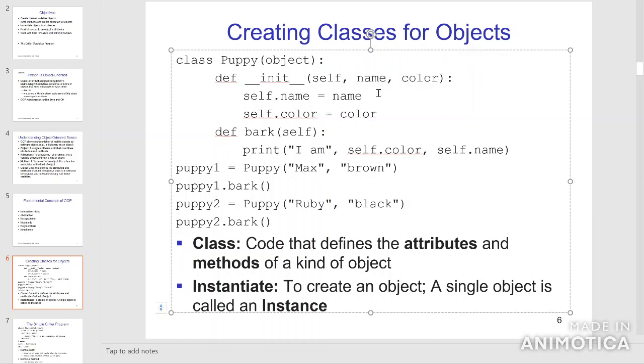Once you have the object, you can call the methods defined in the object, for example, the bark method. So this is an example of how you can define a class and how you can create instances by using the definition of the class.